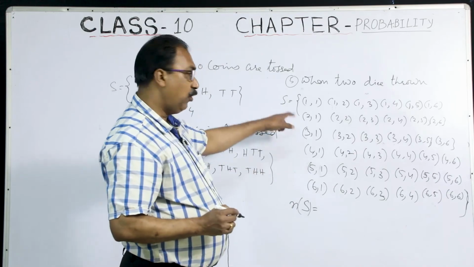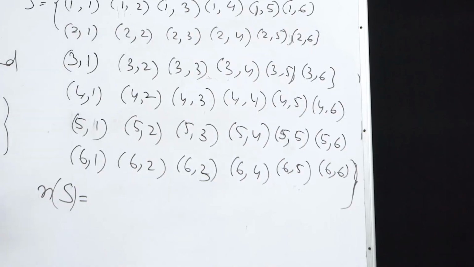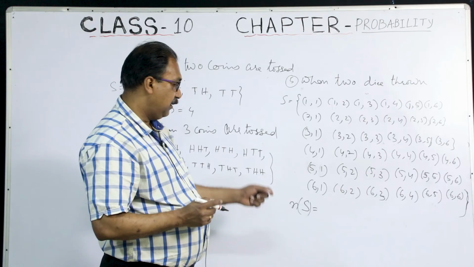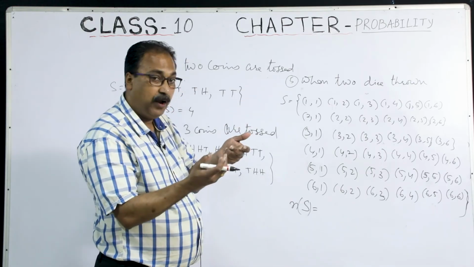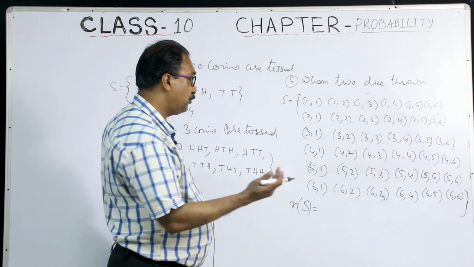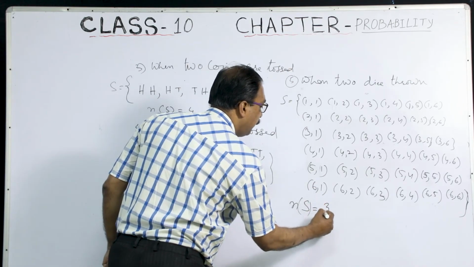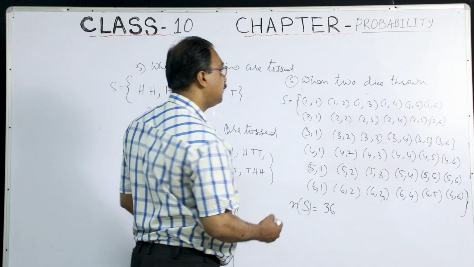See, all the possibilities we can get, no? So 6, 1, 6, 2, 6, 3, 6, 4, 6, 5, 6, 6. Like that. The first one gets 6, that will be 1. It may be 6, it may be 6 also. Who knows? So that is the total possibilities. And the number of possibilities comes 6 into 6, 36.